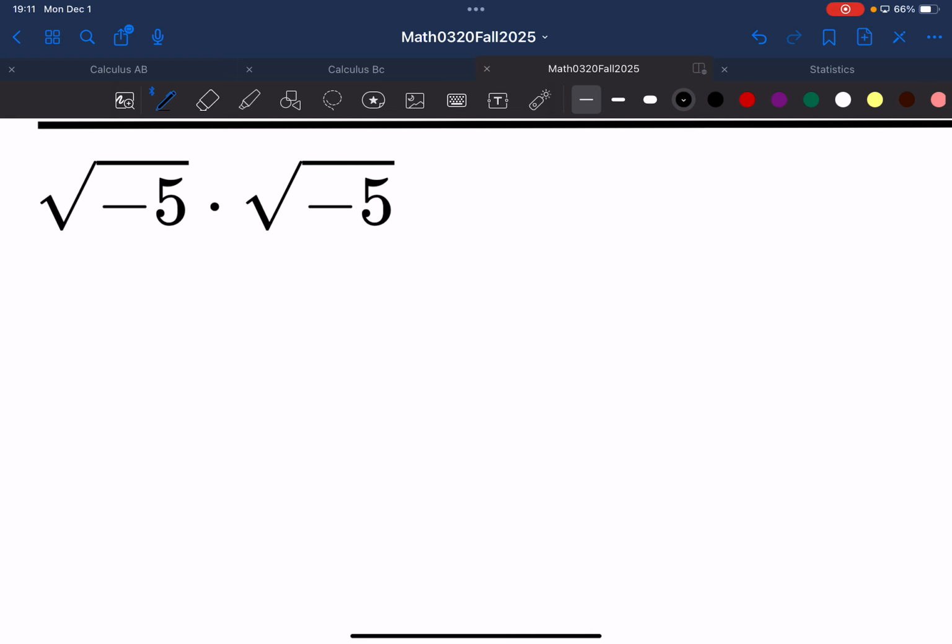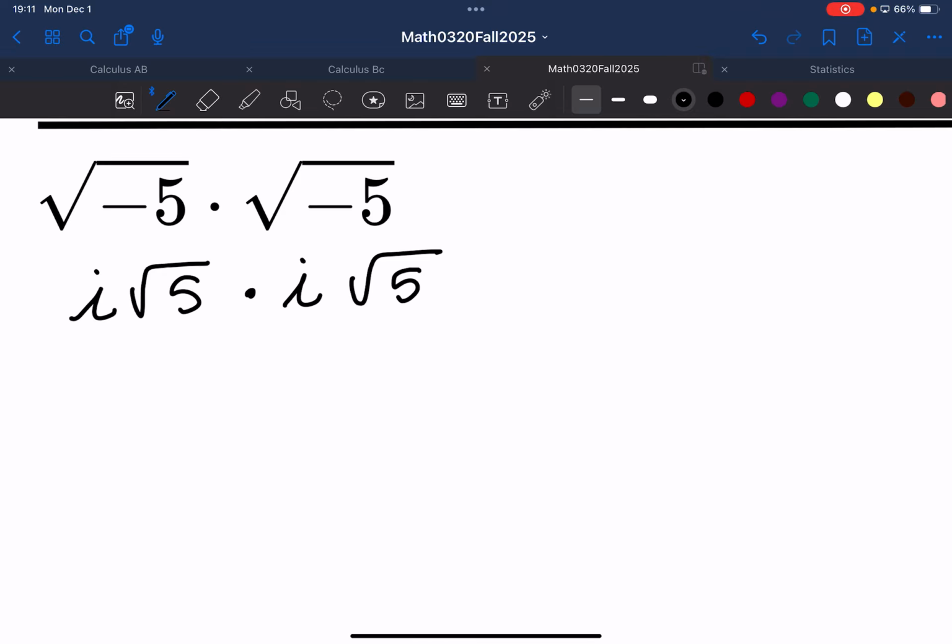Okay, so for this one, this is i square root of 5 times i square root of 5. Square root of 5 times the square root of 5 is the same as saying what? It could be two ways.